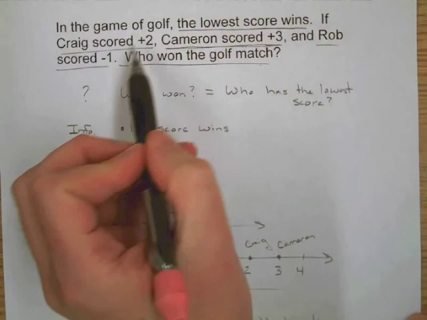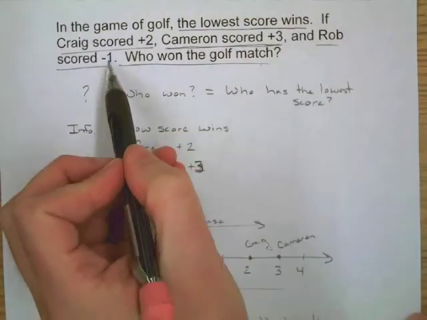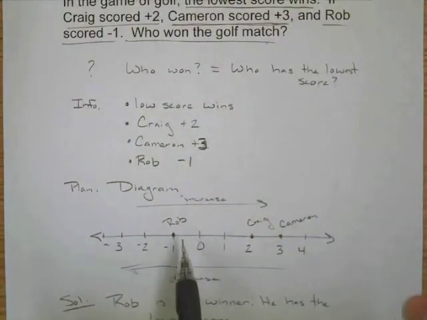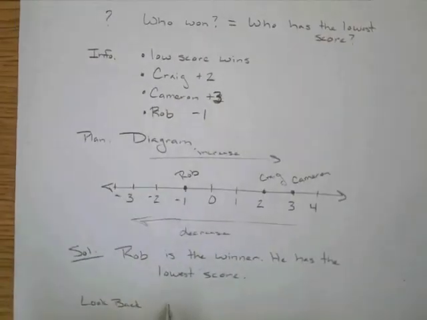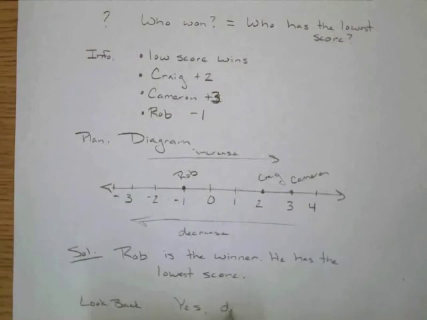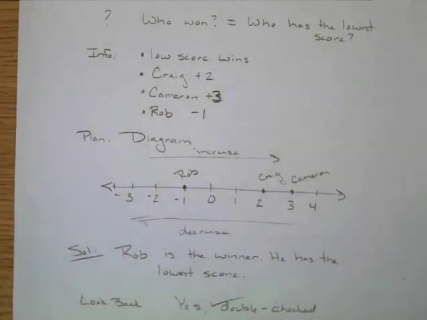And so I looked up and I had the +2 and the +3, which are both above 0, and -1, which is below 0. And I know that if it's below 0, it's going to be a smaller number than something above 0. And so my answer is reasonable. So, yep, double checked. And I'm good on that.